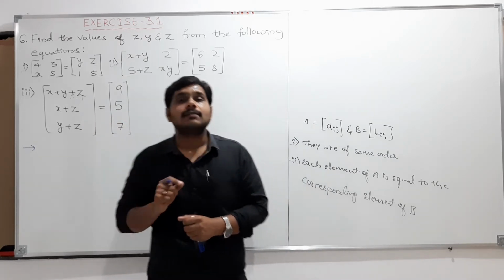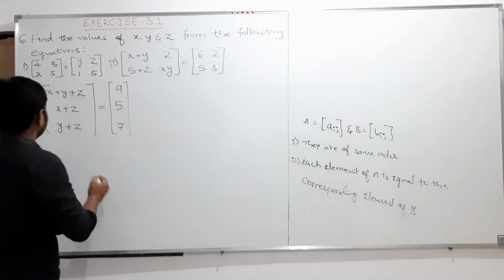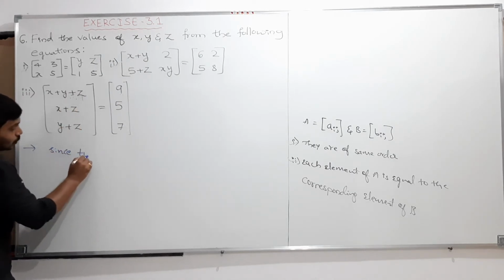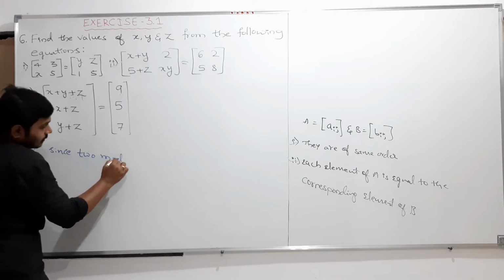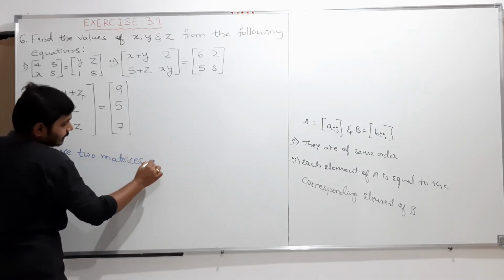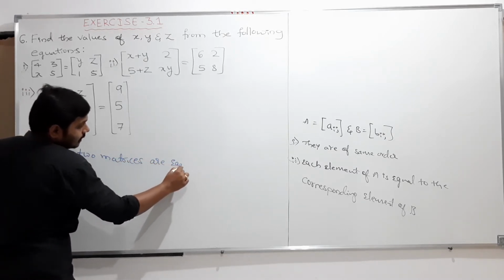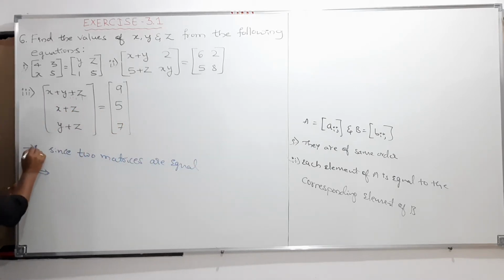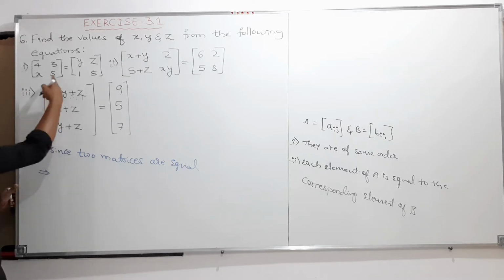So since the two matrices are equal, I assume here that, since two matrices are equal, this implies... this is the third question I'm going to discuss. Already these two I discussed.